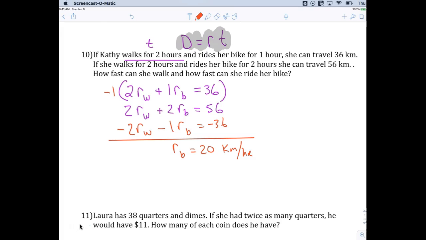Thank you. And now I'm going to put 2 R sub W plus 20 equals 36. 2 R sub W equals 16. So the rate at which she walks is what? 8 kilometers per hour.